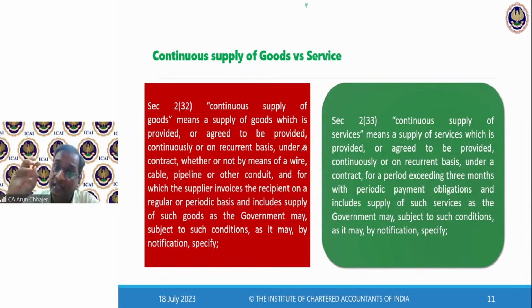Similarly, what is the continuous supply of the service? But in case of the continuous supply of the service, one point is important, that in the definition itself, they have given the time frame. It should be for a period exceeding 3 months.